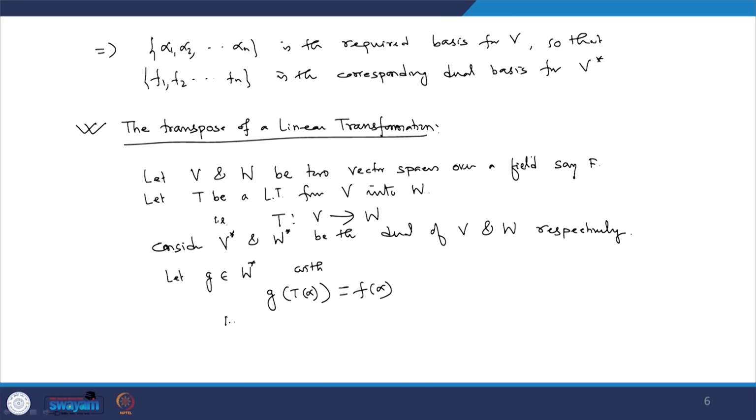So, that is f equals g T. So, I have considered a function which is the composite of g and T.